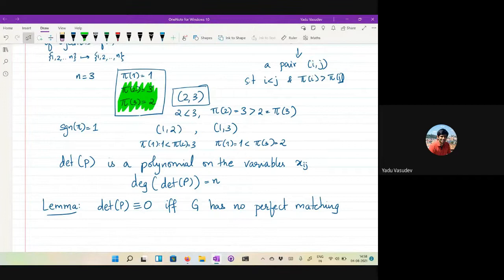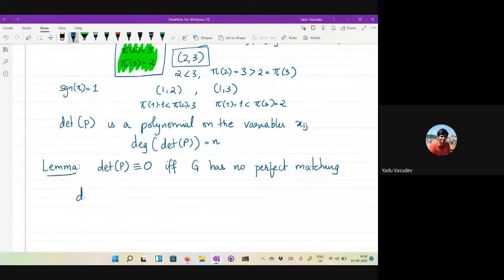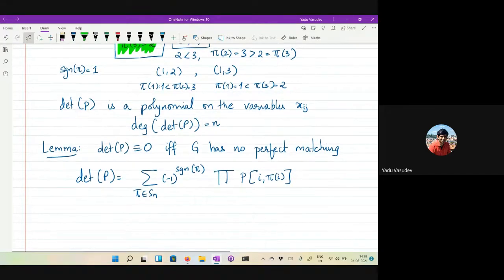Why is that? Let's look at the determinant of P. This is the summation over pi in Sn of (-1) to the sign of pi, product of P_{i, pi(i)}. So what are these monomials actually?